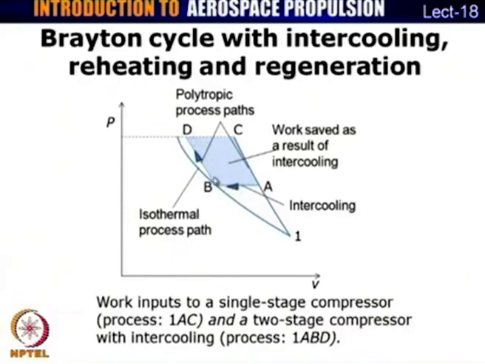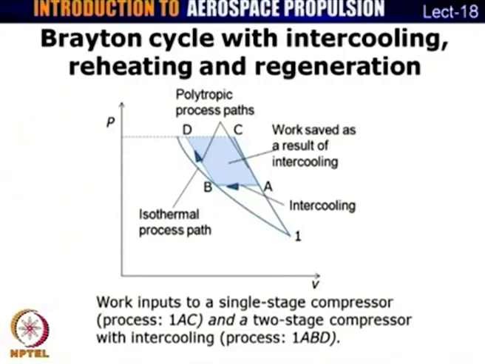That is, at the end of process 1 to A, we apply a cooling of the gas, and ideally we assume that cooling takes place at constant pressure, which means after the gas reaches state A, which is the end of the first compressor, as we apply cooling of the gas, it reaches state B at constant pressure, and from B to D we again apply the compression process.